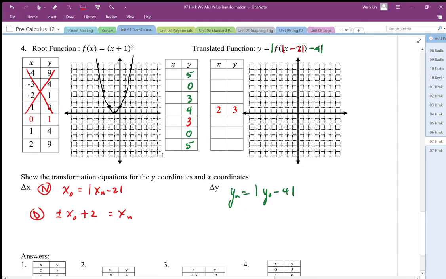So what ends up happening here is all these negative terms disappear. Okay, they no longer exist, because we can no longer put a negative input into that x. Okay, all these x's that came out negative, it's impossible now, because when it comes out of the absolute value, all we're going to get is positive values that go into our original function here. So all these negative inputs no longer exist.